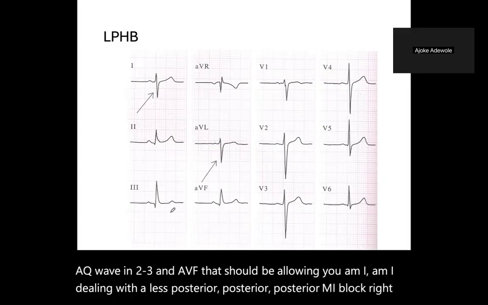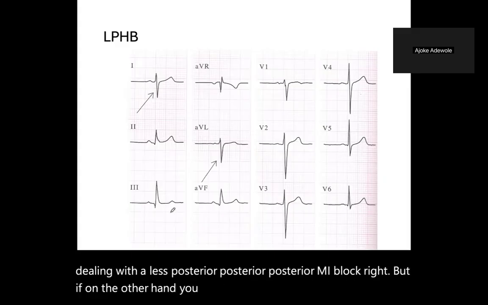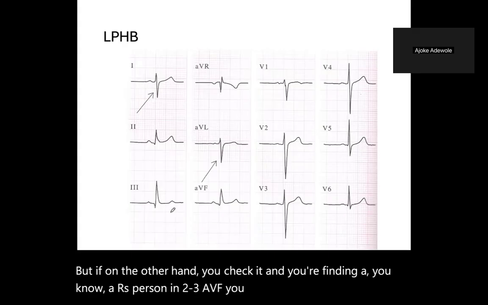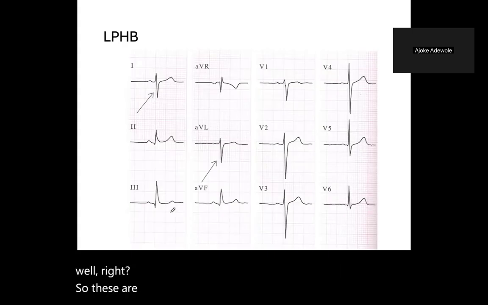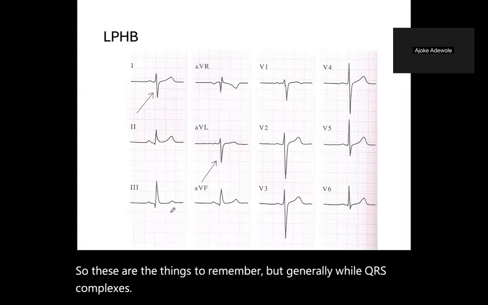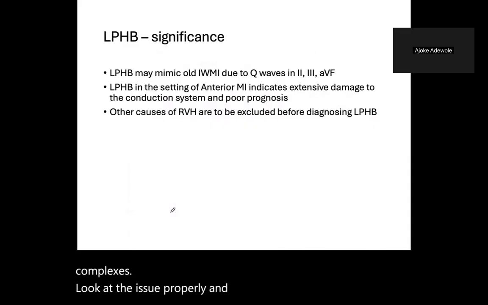But if on the other hand you check it and you're finding an rS pattern in 2, 3, aVF, it should alert you as well, right? So these are the things to remember. But generally, with wide QRS complexes, look at the ECG properly and how is your patient doing.